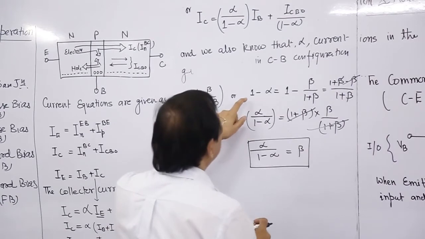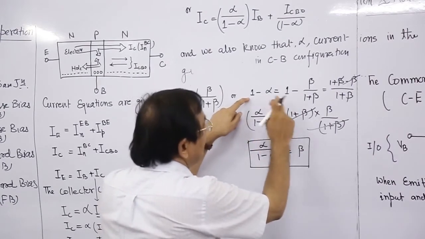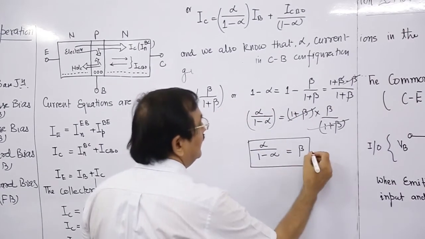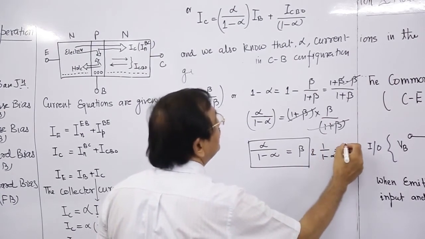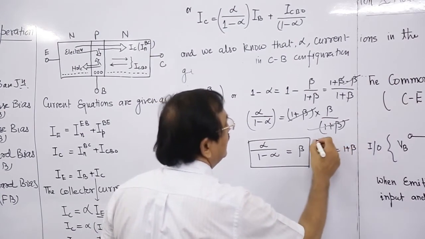And 1 upon 1 minus alpha is 1 plus beta.